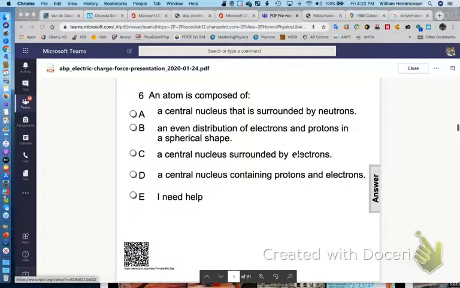Number 6, an atom is composed of: A, a central nucleus that is surrounded by neutrons; B, an uneven distribution of electrons and protons in a spherical shape; C, a central nucleus surrounded by electrons; D, a central nucleus containing protons and electrons; or E, again, you need my help. Take a moment and make your selection there, please.